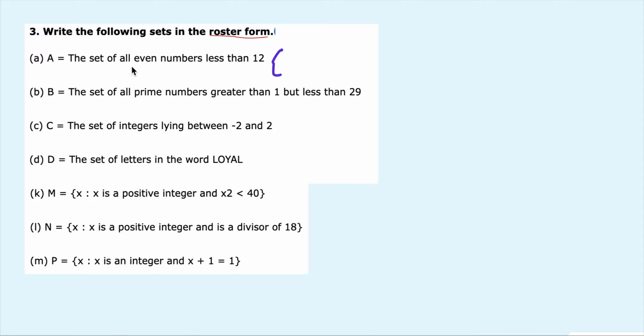It says set of all even numbers that are less than 12. So that would be 2, 4, 6, 8, and 10. We would not include 12 because it says less than 12.